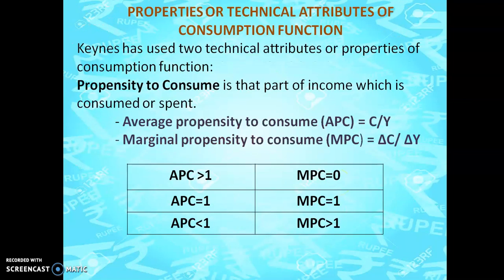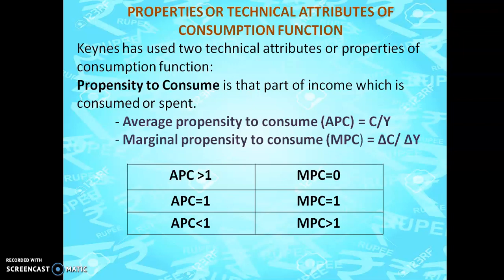Now coming to the next one, we are going to talk about the properties or technical attributes of the consumption function. Just now, what formula did we see? The disposable income, whatever people have, we are going to consume it for commodities.